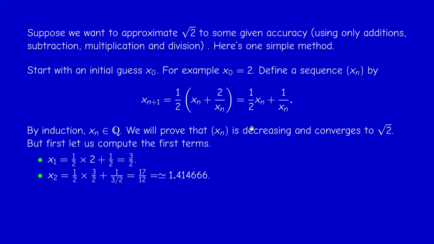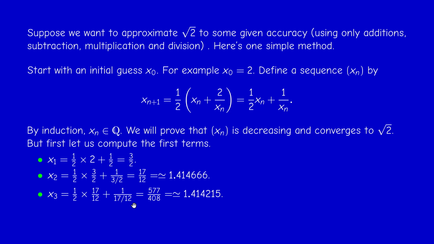Now the next term, you take n equal 1, so you get x2 equal 1/2 of x1 plus 1 over x1. So just replace. If you do the algebra, you get 17 over 12, which is about 1.41666. And the third term is 1/2 of the previous term plus the inverse of the previous term.